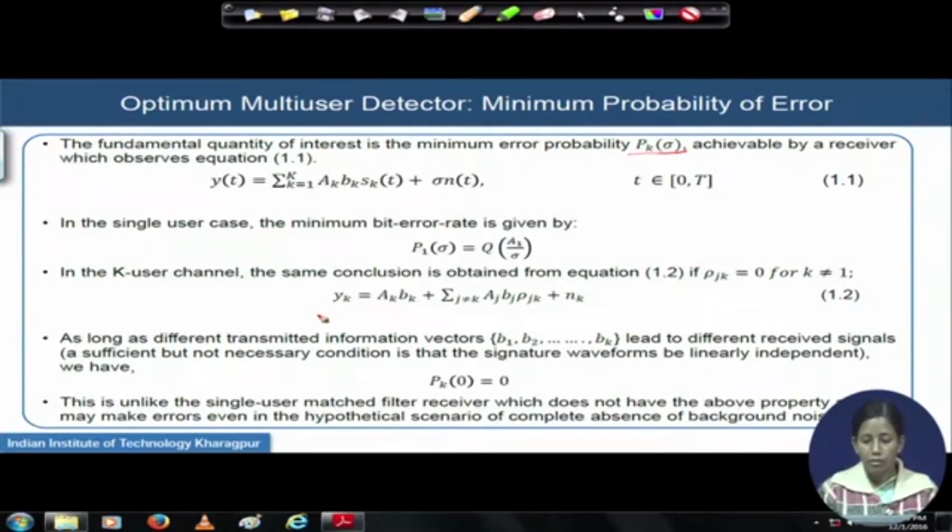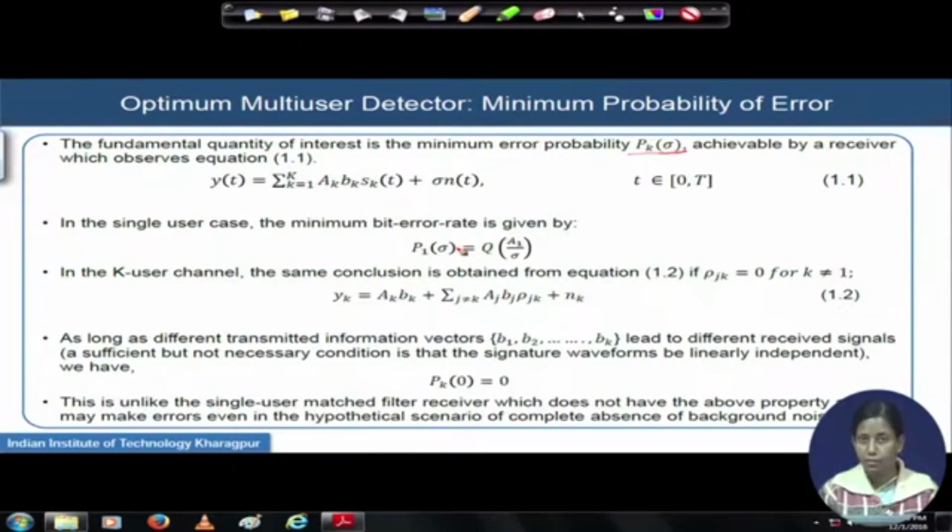Here rho_jk was our cross correlation between the two signature waveforms. If rho_jk is equal to 0 for k not equal to j, meaning the signature waveforms are perfectly orthogonal to each other, then the contribution from the second part of expression 1.2 will be completely 0, and you end up with the equivalent expression of 1.1, and hence your error probability will be governed by this.